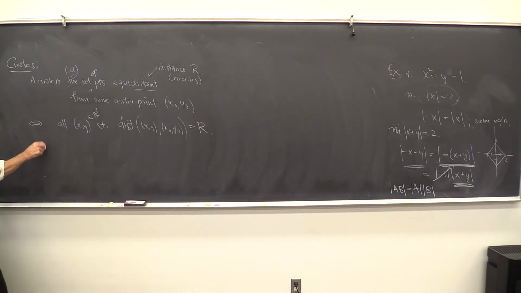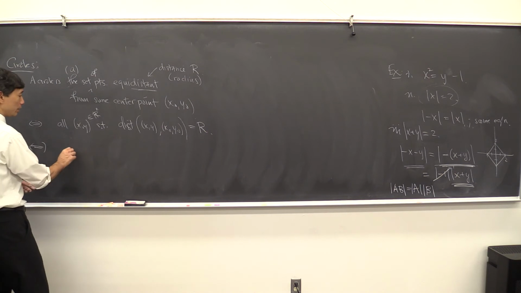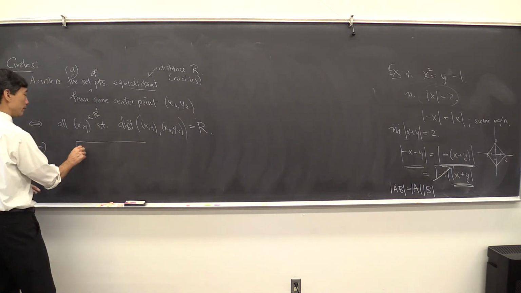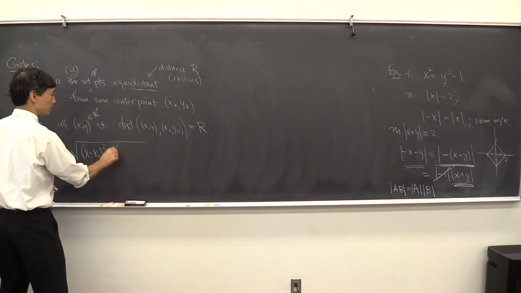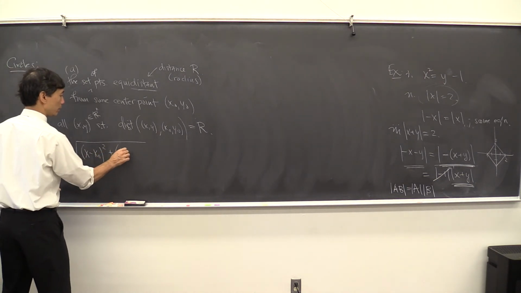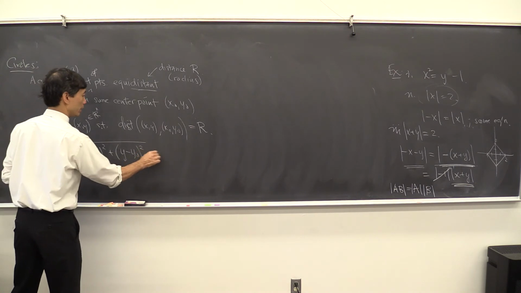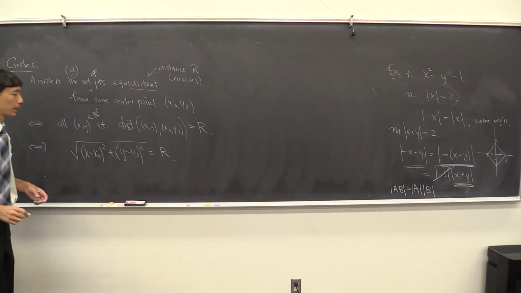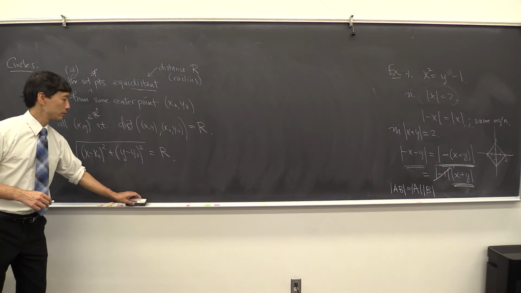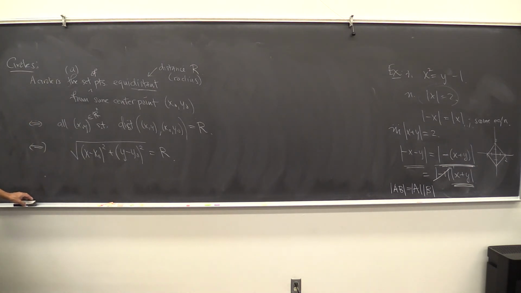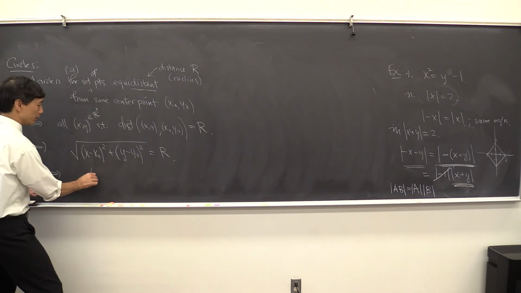Okay. If we use the distance formula, we can write that as the square root of x minus x naught squared plus y minus y naught squared equals r. And because we're dealing with positive numbers, it doesn't change anything if we square this.